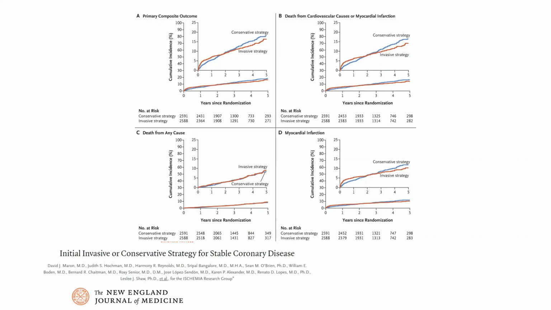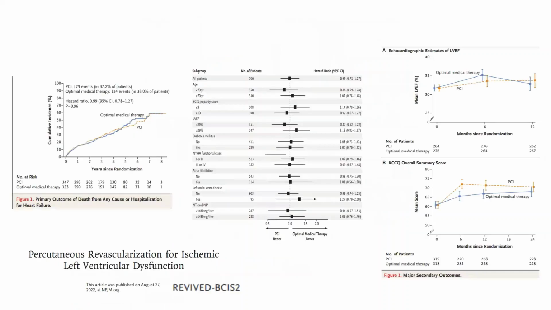They only excluded left main, and then they put them in 2 arms, revascularization and medical therapy. Okay, and they found no difference in the hard clinical outcomes between medical therapy and revascularization plus medical therapy. Meaning revascularization has added nothing in the way of prognosis. Okay, this is the ISCHEMIA trial.